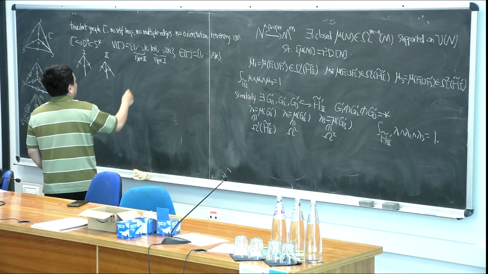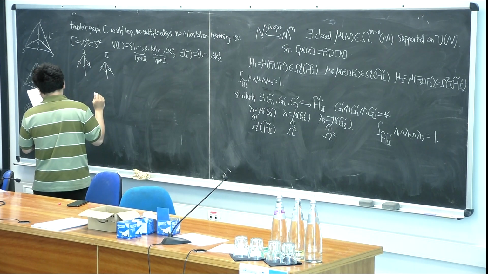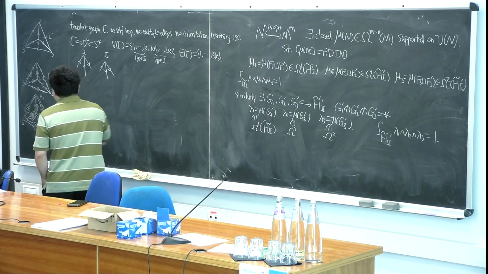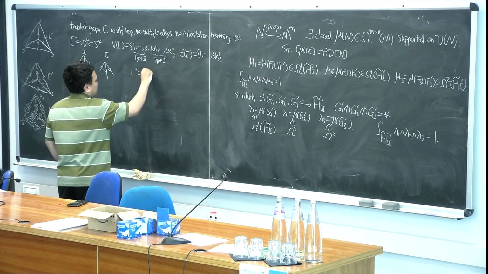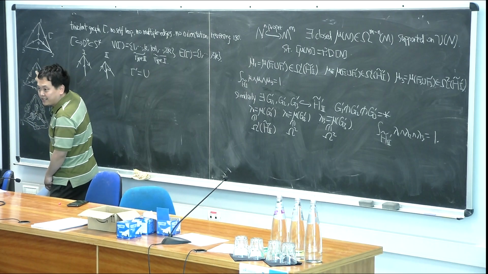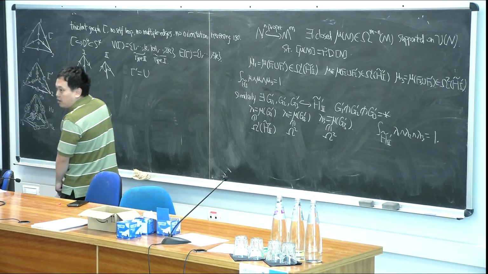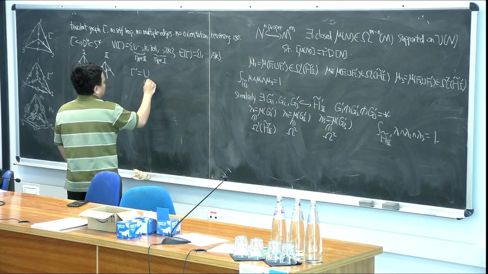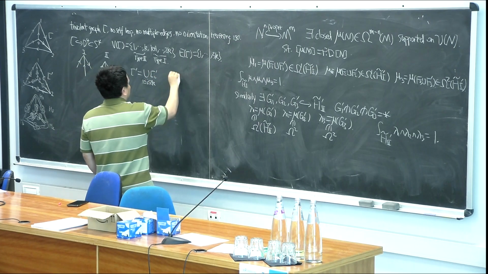Now, as you can see, gamma prime is no longer connected. Its connected components correspond to the vertices of your gamma. So for i between 1 and 2k, for gamma i prime, there are two possibilities.